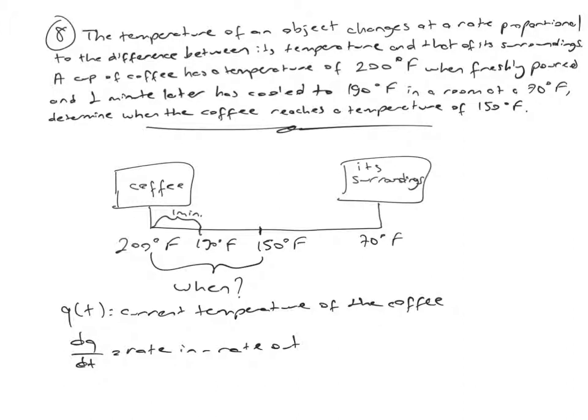There is nothing around to increase the temperature of the coffee, so the rate in will be 0. Since the temperature of its surroundings is lower than the temperature of the coffee, it will be cooled in time, and the temperature of the coffee will be decreasing proportional to the difference between its temperature and its surroundings.